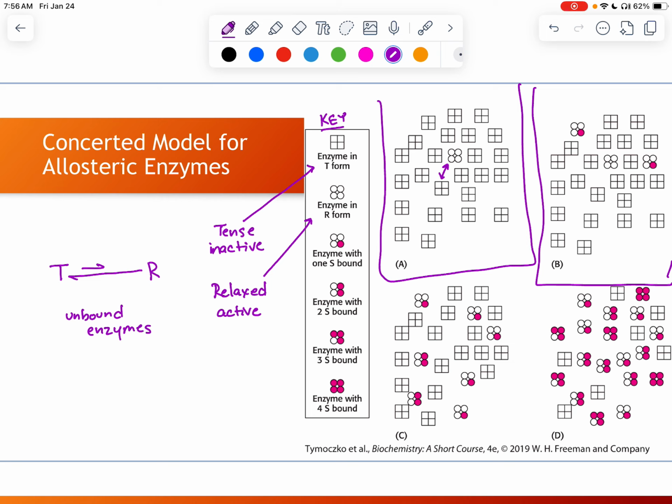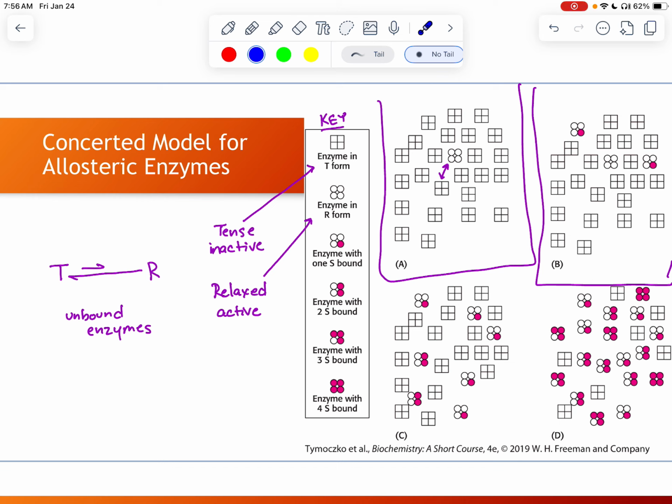So y'all, when I bond substrate to this, I'm essentially pulling out the product. I now have less of this unbound R form. If you think back to Le Chatelier's principle, if we start decreasing the amount of this, we start shifting our equilibrium to the right. So I had some of these molecules that were unbound, they bound the substrate, and now we're not counting those anymore in our equilibrium.